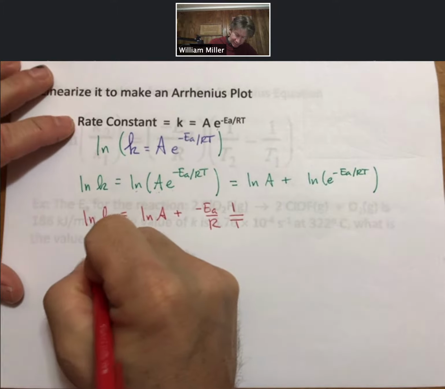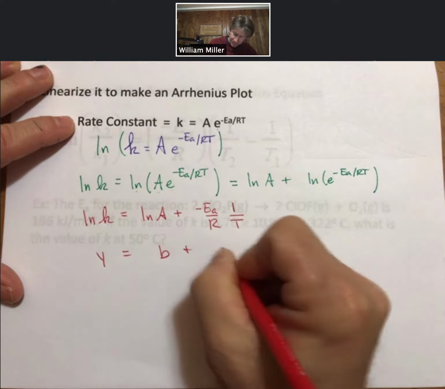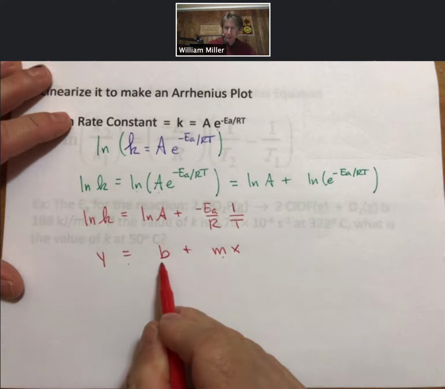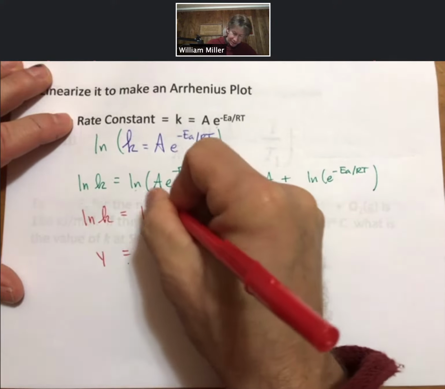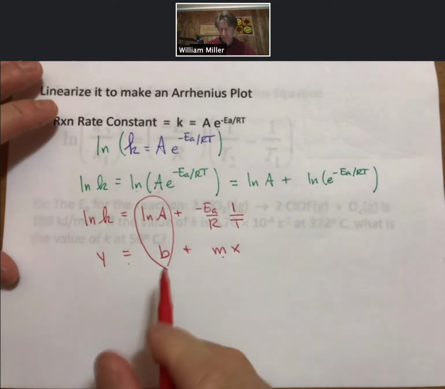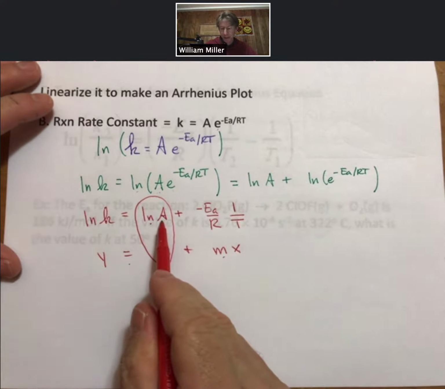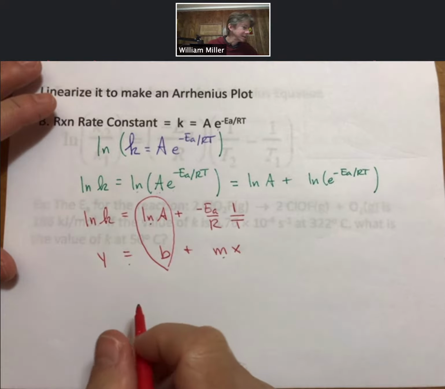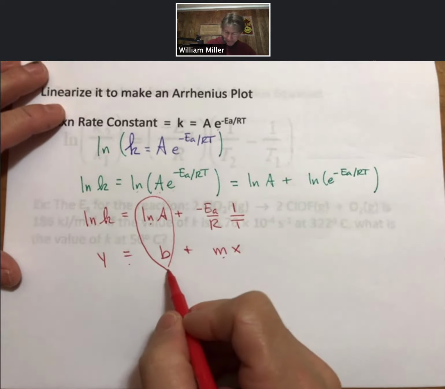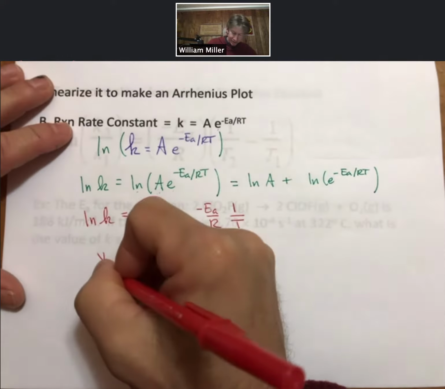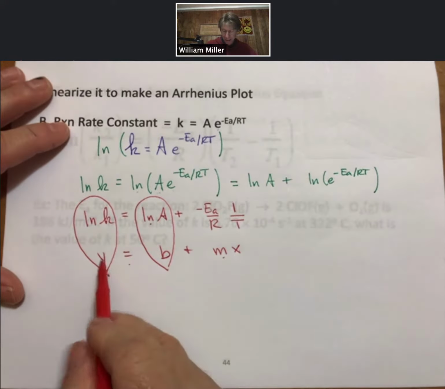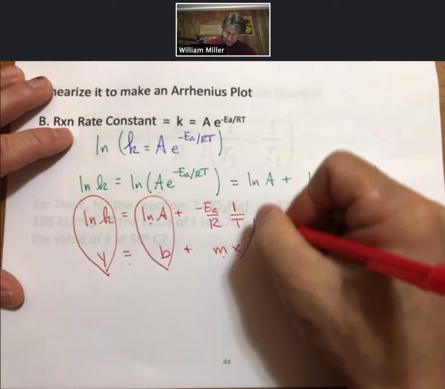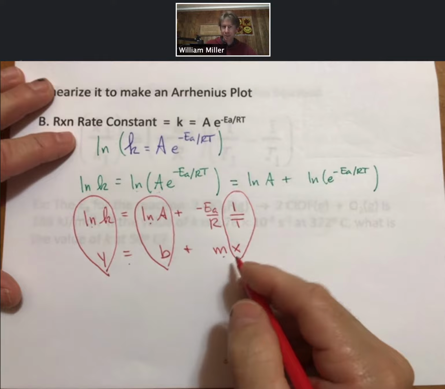We will write out our equation for a line. Y equals mx plus b, where I've put the b over here because b is our y-intercept, and the natural logarithm of A, the frequency or collision factor, let's say the Arrhenius pre-exponential factor, is going to be our y-intercept if we plot the natural logarithm of the rate constant versus 1 over temperature.